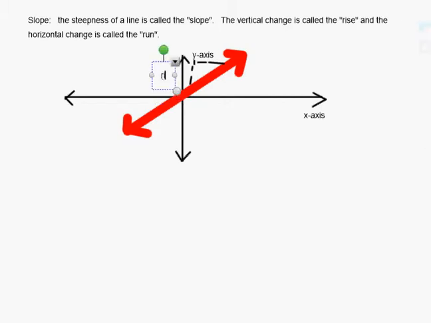So this is our rise. And this is the run.